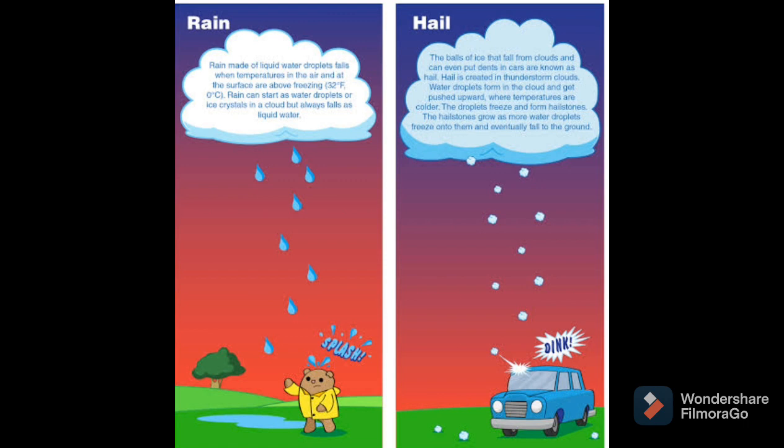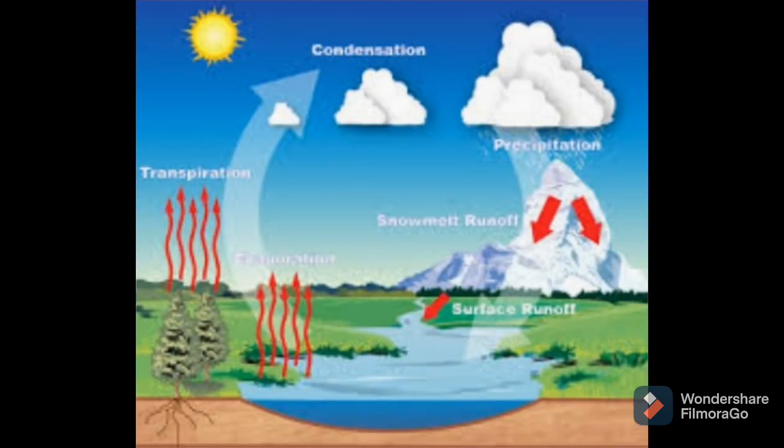However, if the temperature is very low, then the water droplets freeze in the atmosphere and fall as hail or snow. This coming down of water in the form of rain, hail, or snow is called precipitation. And the last step of this water cycle is back to the ocean. The water that falls on the land as rain flows in the form of rivers and streams.